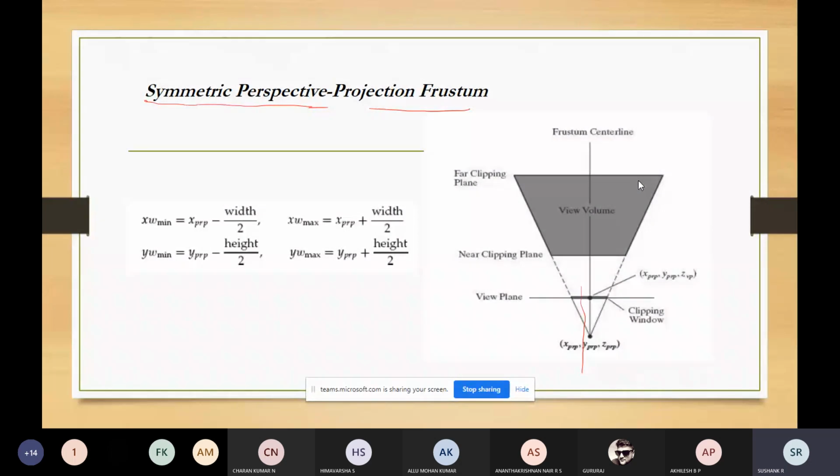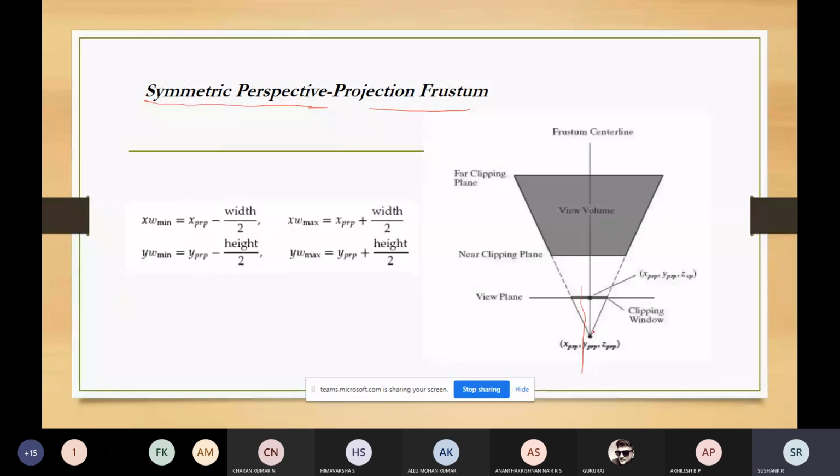See here, the line from the reference point through the center of the clipping window and through the view volume.